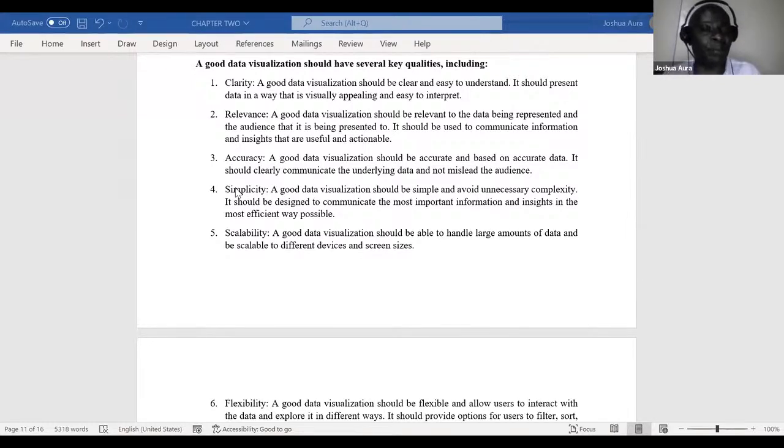They must be simple. Remember, ladies and gentlemen, that at the end of the day, some of the people you're going to present this information to are directors. Some directors got into these positions not because of their academia, but simply because they had money and enough shares.